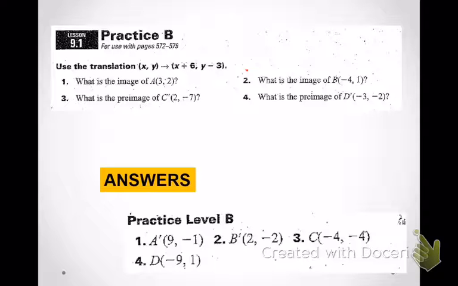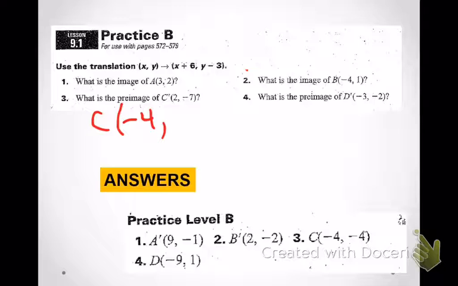If we have to find the pre-image, this is the result of doing this. So to get back to the original, we do the opposite sign. We subtract 6. So the pre-image of this would be 2 minus 6, which is negative 4.